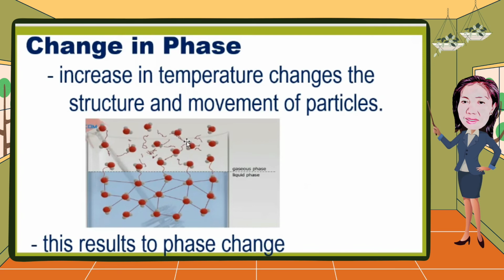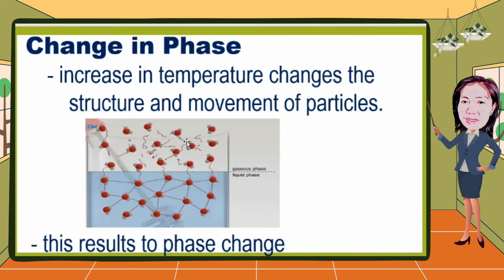So what happened now to the phase of this object? Since the particles are now in a greater distance, the result now is the phase change into a gas phase. Okay, so we all know that the distance of particles in a gas phase is greater. So magiging gas na siya.